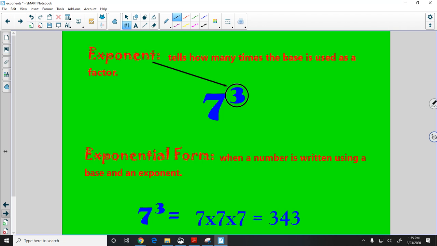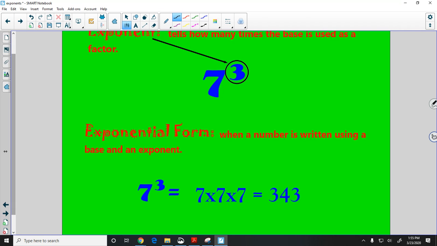Now go back in your brain and remember, what is a factor? A factor is one of the numbers that you use to multiply. So we have 7 to the 3rd power, or 7 cubed. To write this in the exponential form, we use the base and we multiply it by how many times the exponent says.